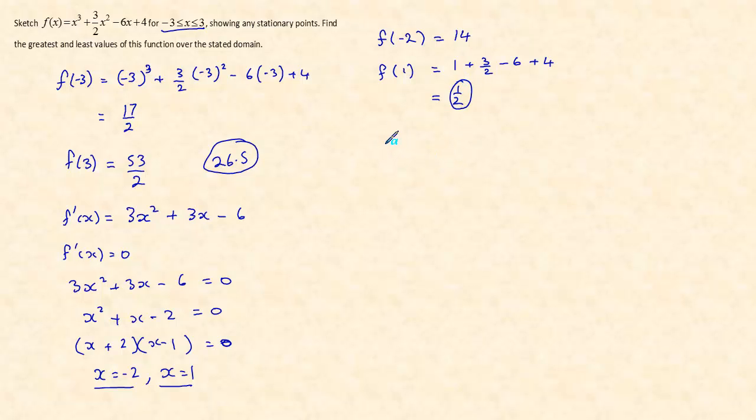So the global maximum on our domain is 53 over 2, and the global min on our domain is at a half.